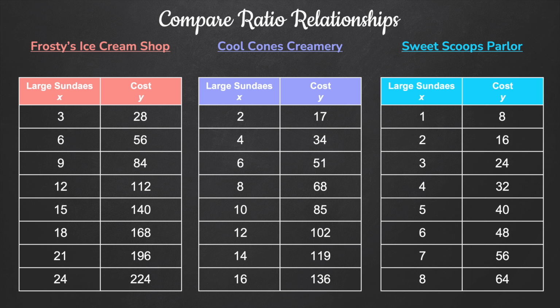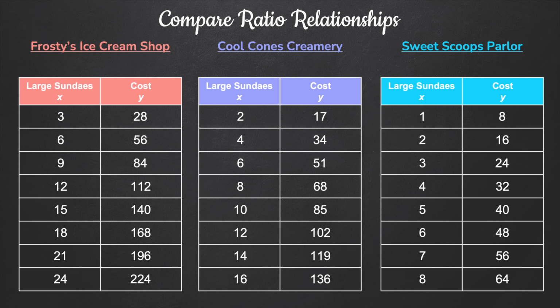Remember that at Frosty's Ice Cream Shop, every time we got 3 more large sundaes, the cost would increase by $28. At Cool Cones Creamery, every time we get 2 large sundaes, the cost is going to increase by $17. And at Sweet Scoops Parlor, every time we get 1 large sundae, the cost is going to increase by $8.